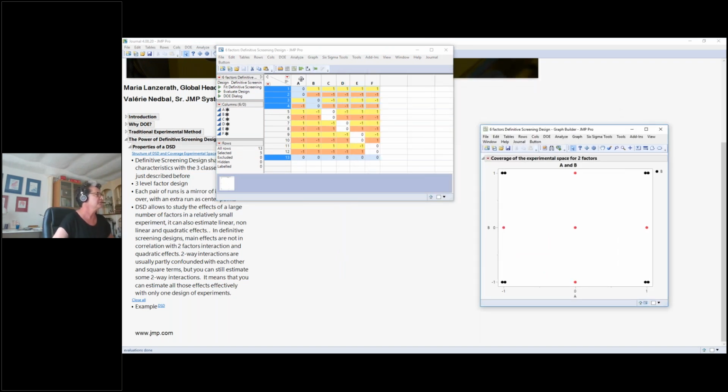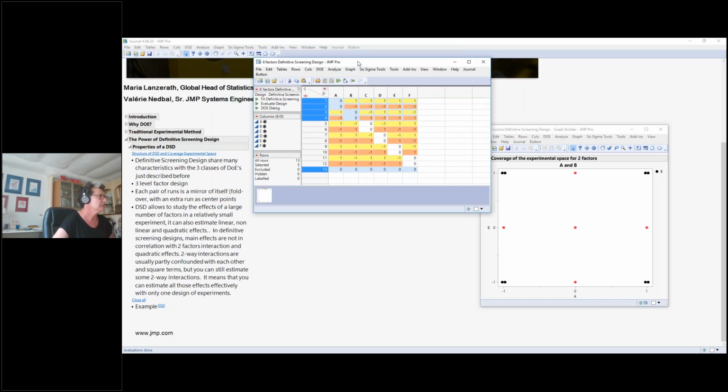Here's an example of an experimental design of 6 different factors. You can see that in DSD each factor has 3 levels. It means you have a maximum and a minimum level, 1 and -1, and a middle point. That's what we call a 3-level factor design.